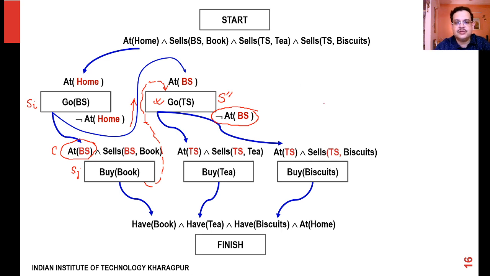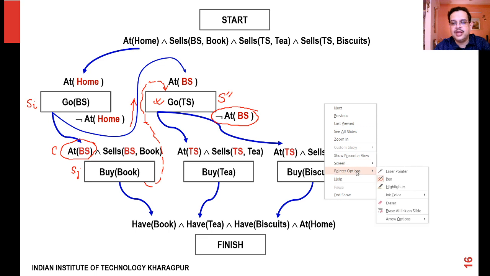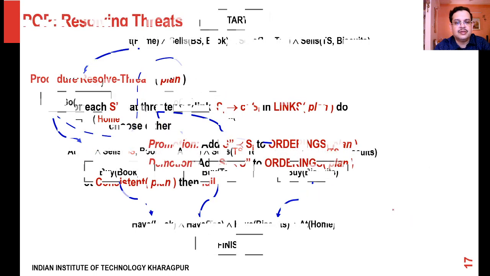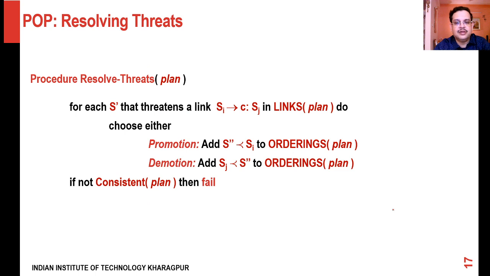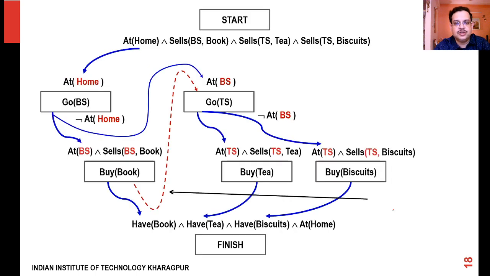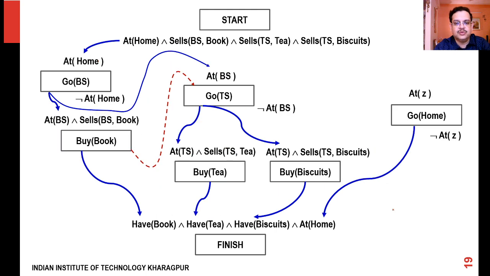So let's go through the animations. Here I will do the demotion and put this link, and this red link prevents me from going to TS before buying the book.